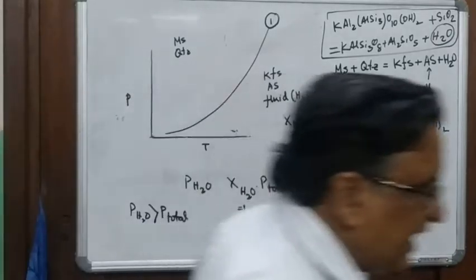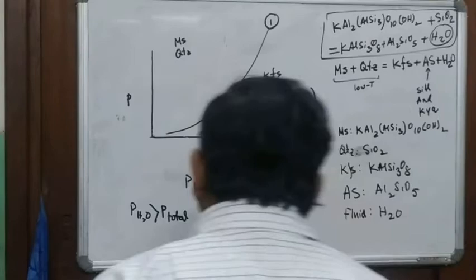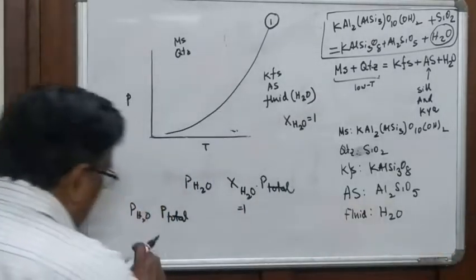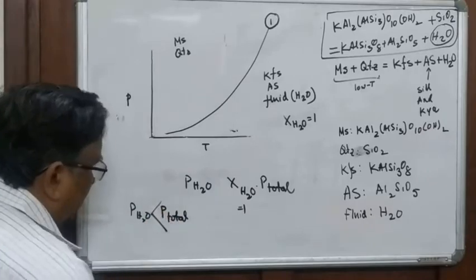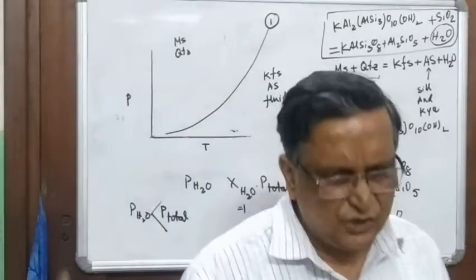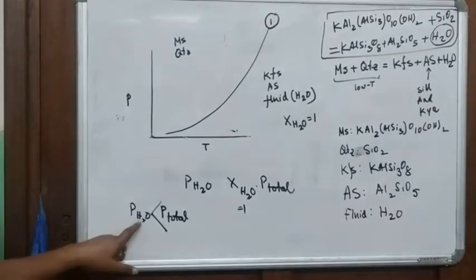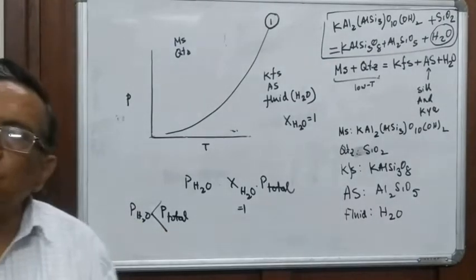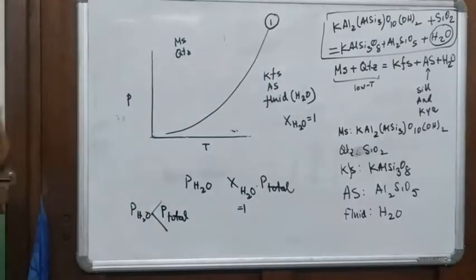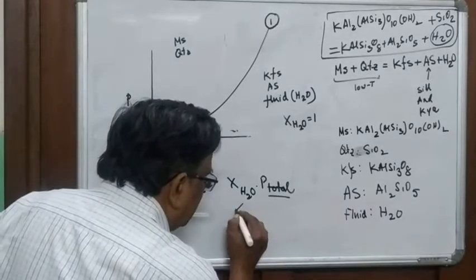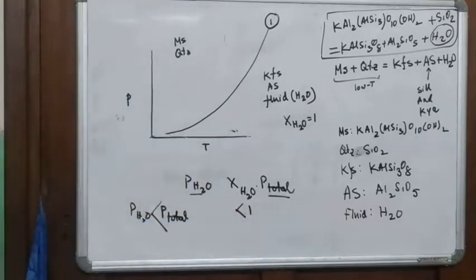But there is no harm if pH2O is less than P total. It has been reported, calculated from many terrains all over the world, especially high-grade terrains, where pH2O is less than P total. If that has to happen, then XH2O will be less than 1.